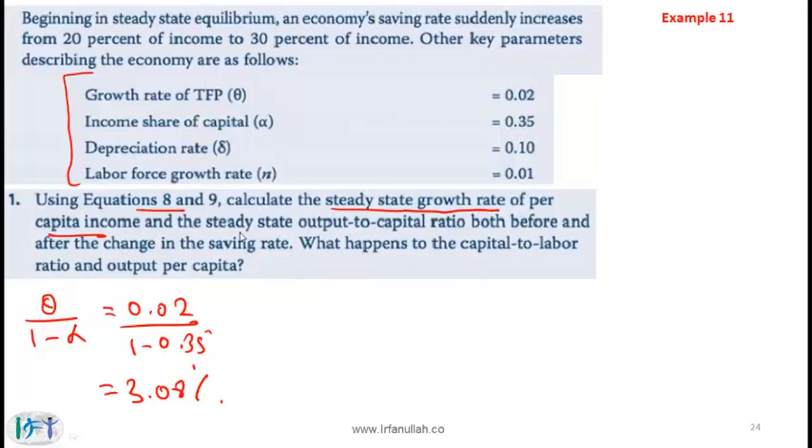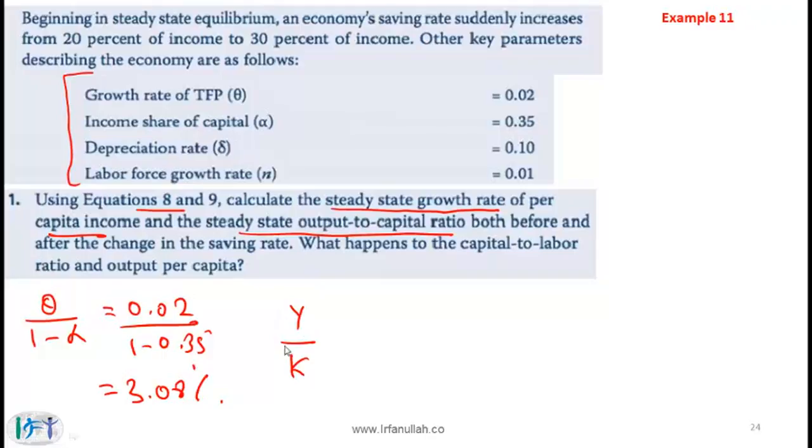Next, the steady state output to capital ratio. So this is the other expression that I asked you to memorize. So we use this in the examples, but I still think it's relatively low probability that you will get this on the exam. But nevertheless, to be diligent, let us just learn this one.